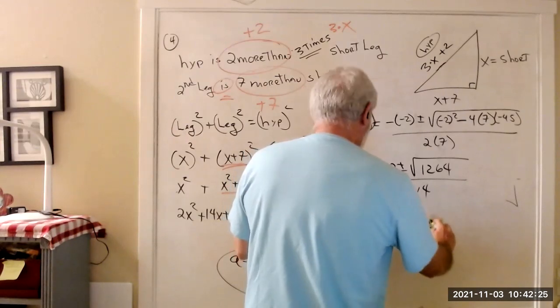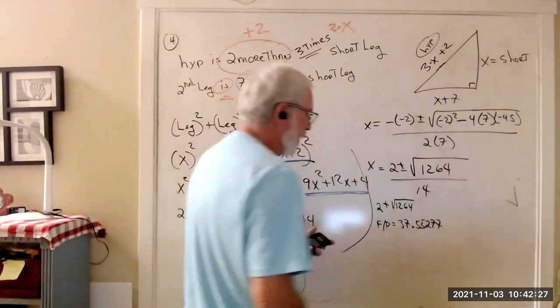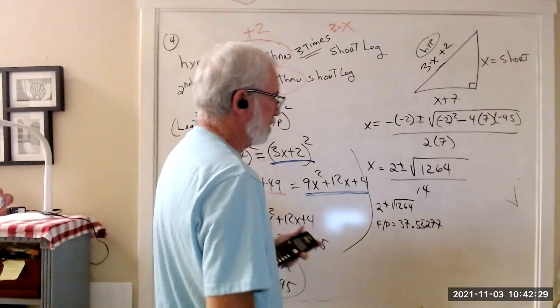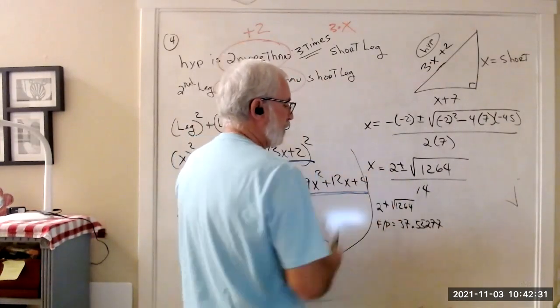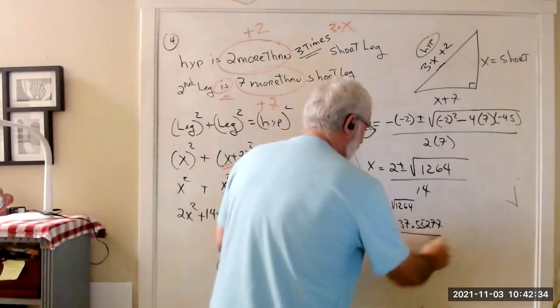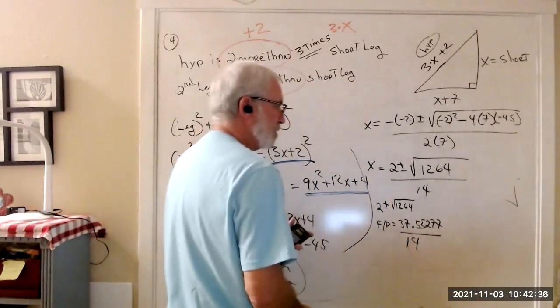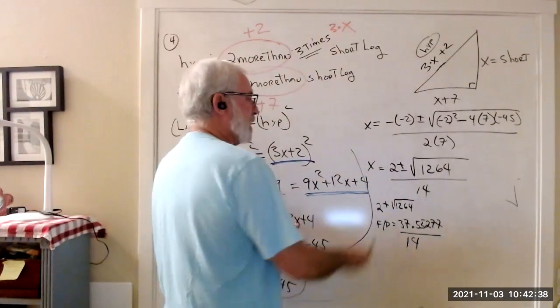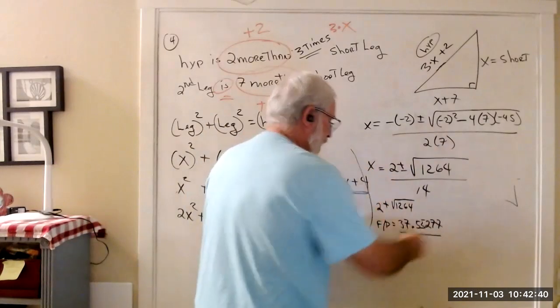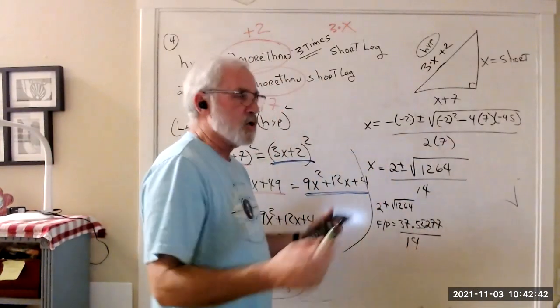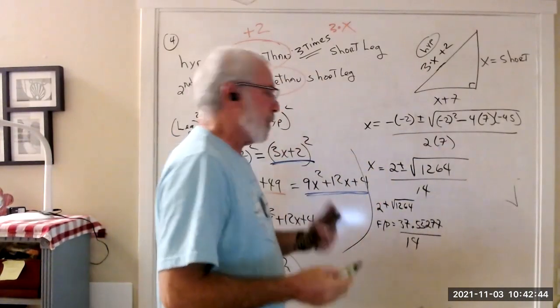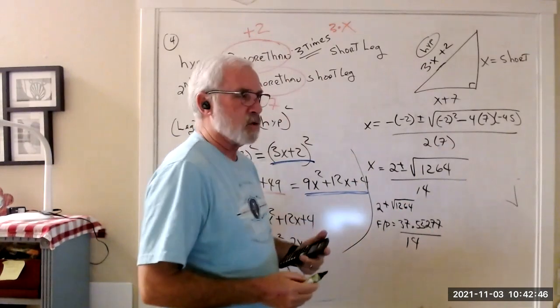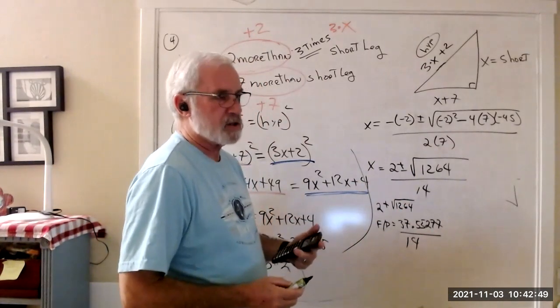Okay. But what have I left out of that? I've left out the 14. So I want to divide that by 14. So I let my calculator do the ugly work, then I did divide it by 14. I know you young whippersnappers like to do it all on the calculator, one big giant step.